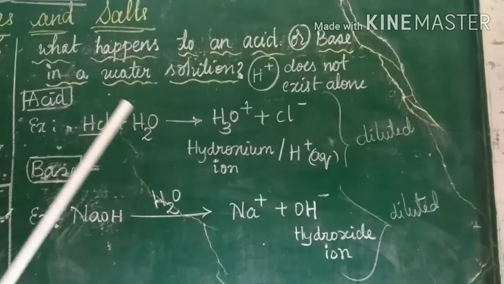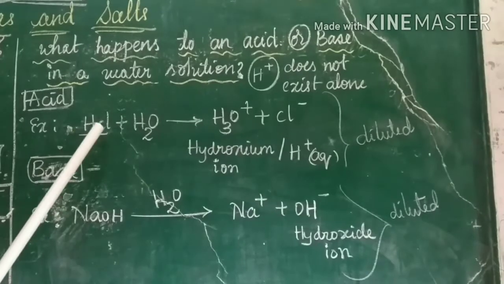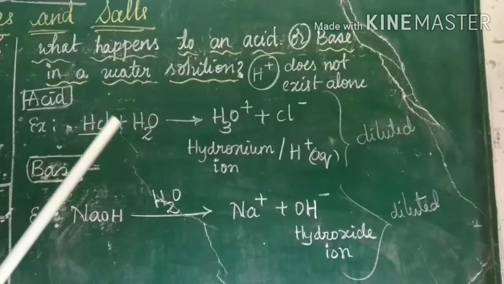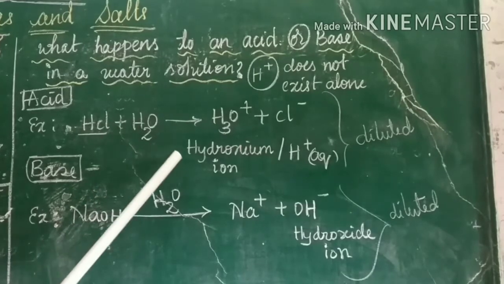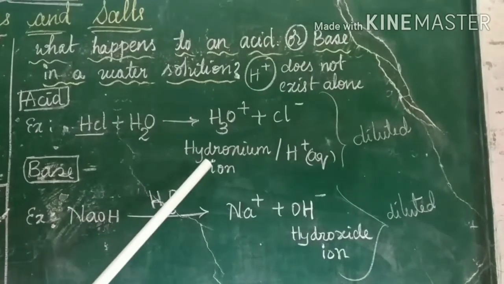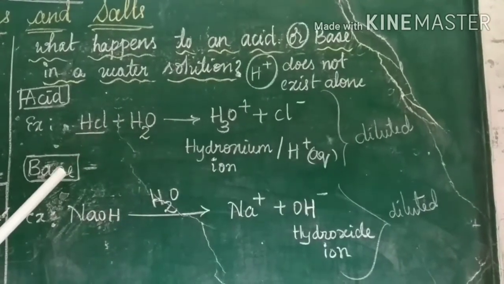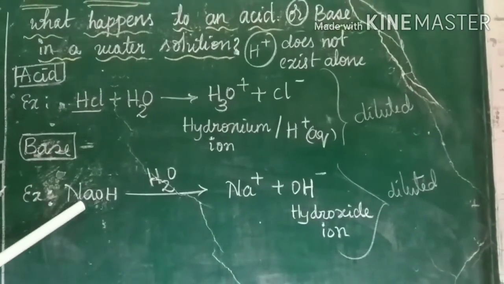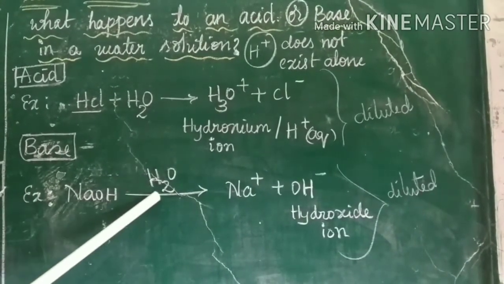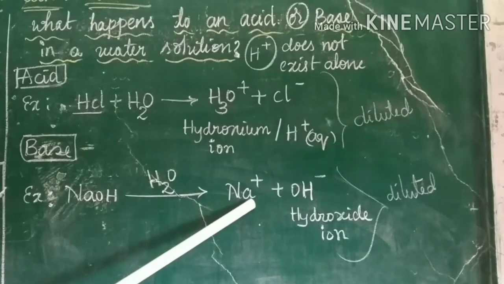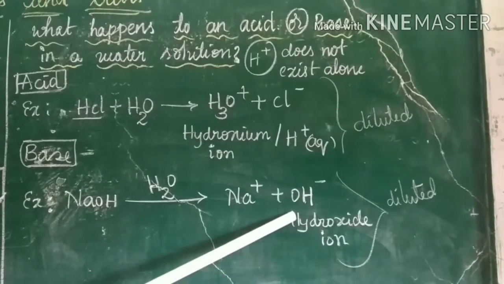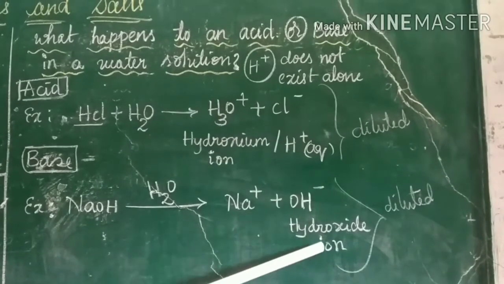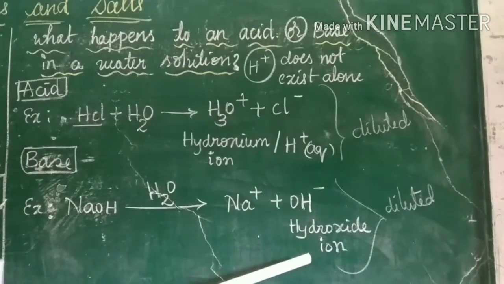Listen, children, dry HCl doesn't show acidic property. HCl in water solution only shows acidic property. Next we come to base. The base dissolves in water to produce Na plus ion and hydroxide ion. OH minus ion is called hydroxide ion.